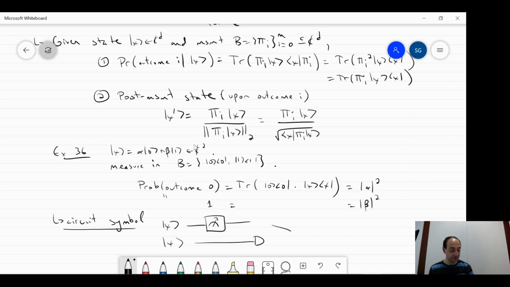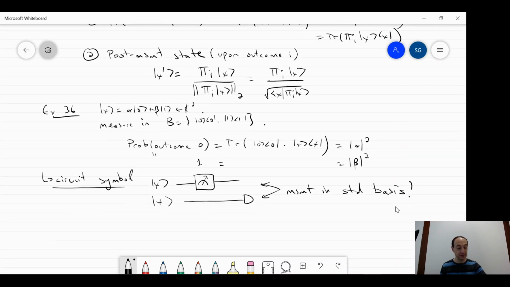And both of these mean, let me be very clear, measurement in the standard basis. We always mean measurement in the standard basis. Remember this is without loss of generality, because if you want to measure in any other basis, you can always first do a unitary to map yourself into the standard basis and then measure in the standard basis. That will always simulate a measurement in any basis.